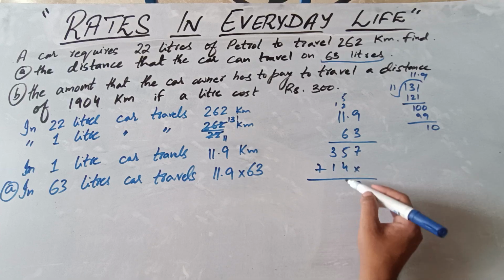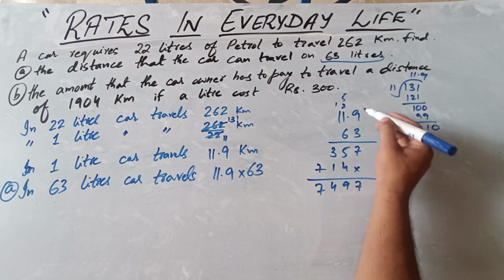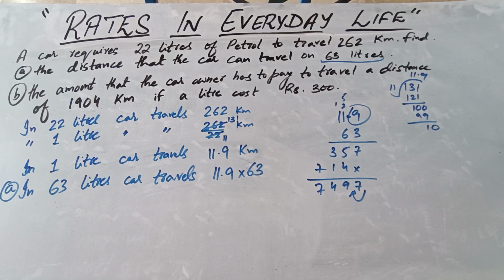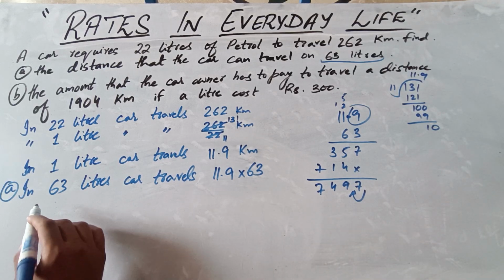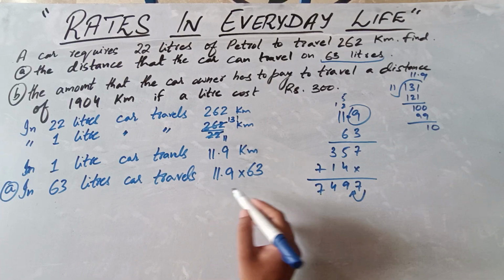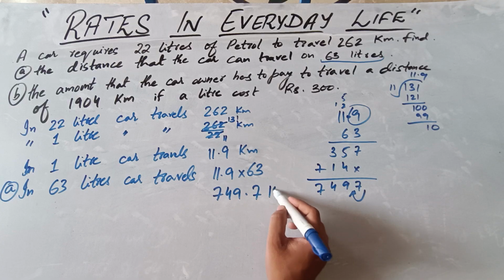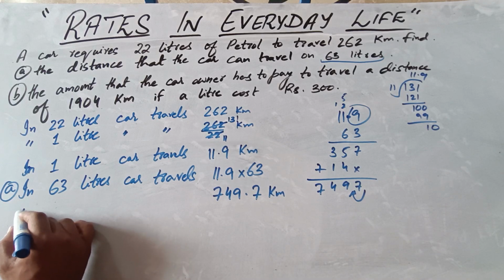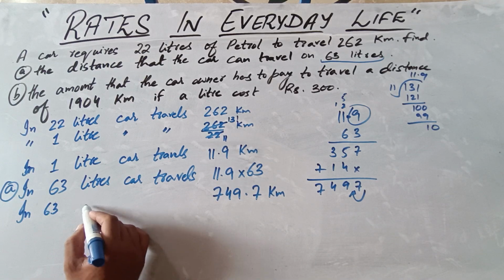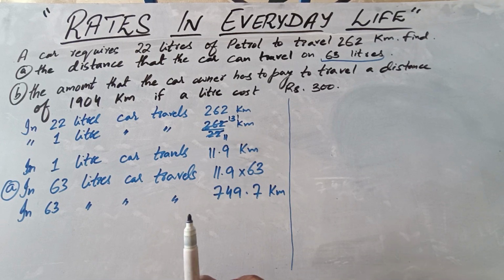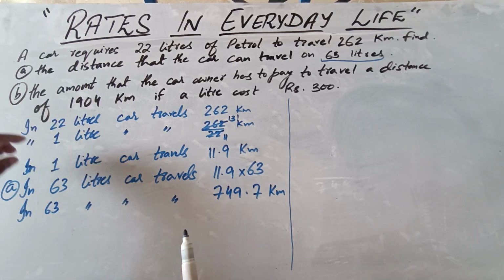So 7 4 9 7. There is one decimal, after the decimal it's only one place. So in 63 liters car can travel 749.7 kilometers.